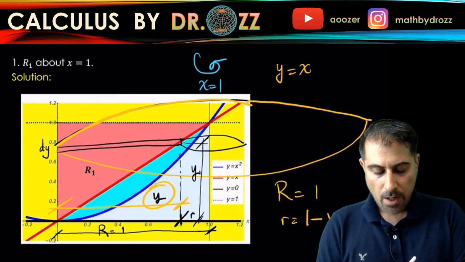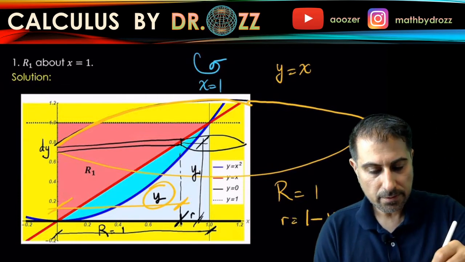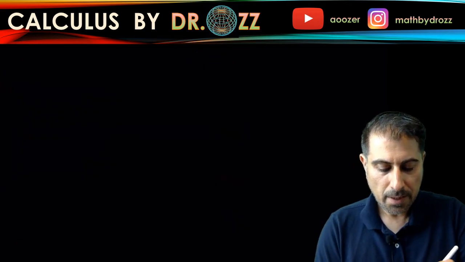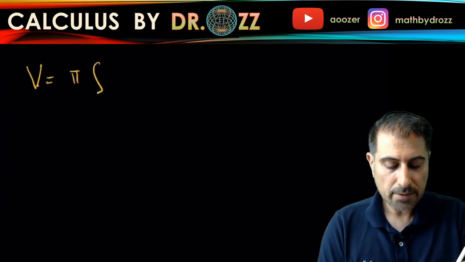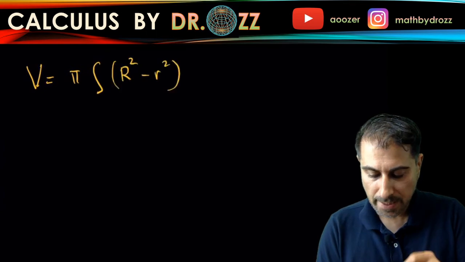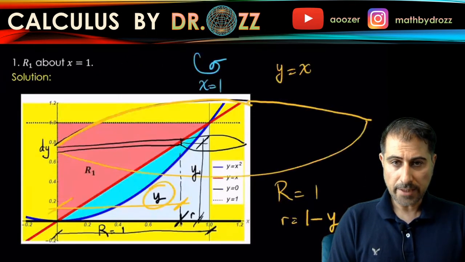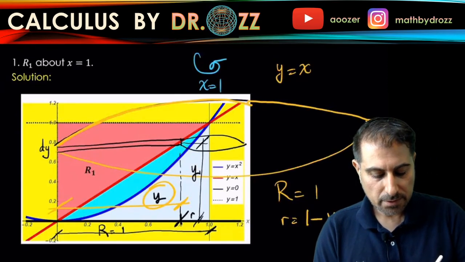All right, now I want to go ahead and write down the volume formula. Okay, let's try to write it down. There we go. Volume is going to be pi, and I'm going to check the limits of the integration next. But this is capital R squared minus little r squared dy. Okay, let's go back to the formulation. In the red region, all the y's are in between 0 and 1.